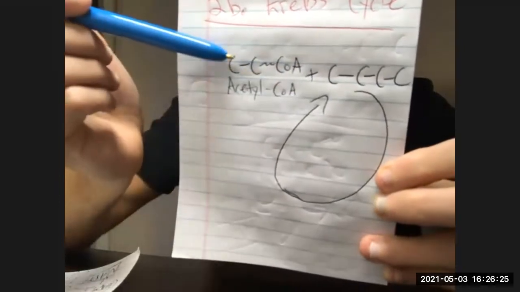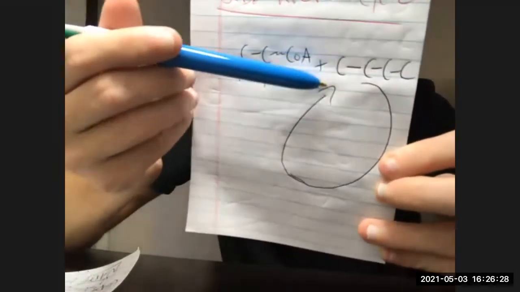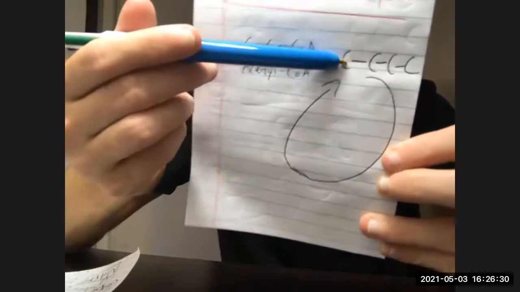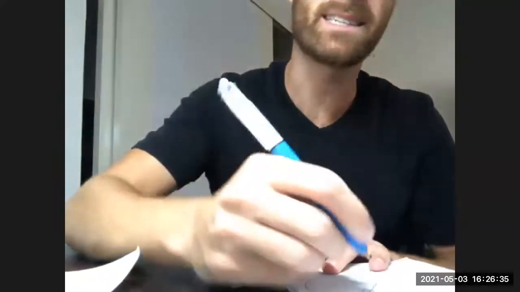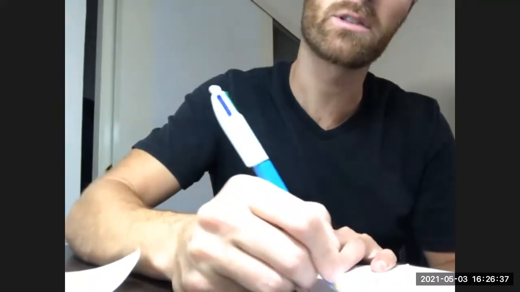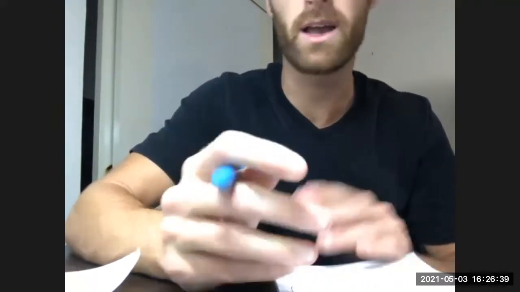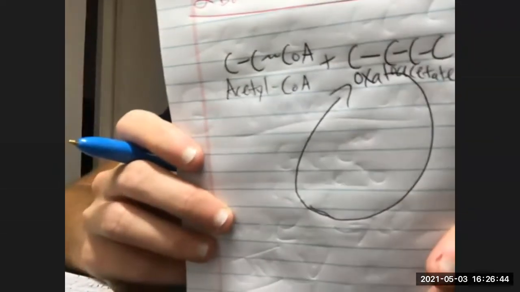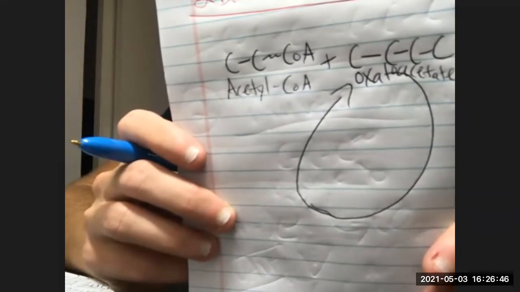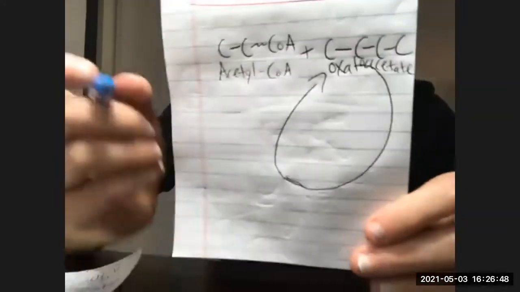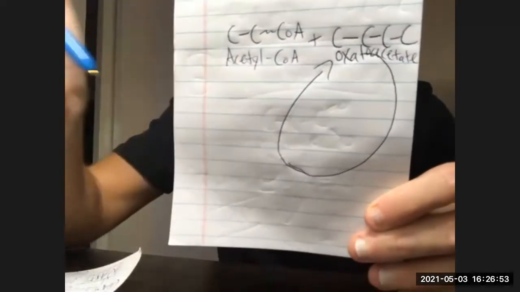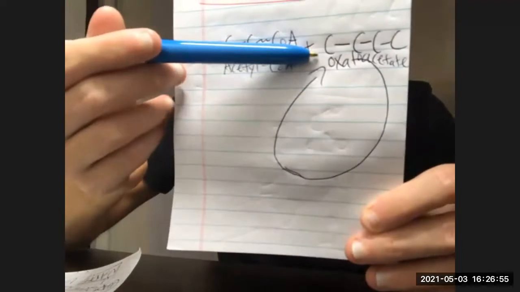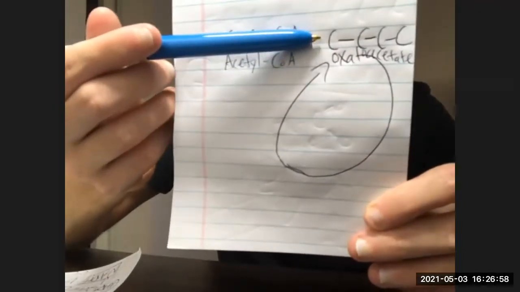Okay, so acetyl-CoA joins into the cycle by attaching to this 4-carbon molecule. And it's called oxaloacetate. It's the very first substrate or molecule of the Krebs cycle. And so that's really the first step of the Krebs cycle, is acetyl-CoA from pyruvate oxidation linking up with an oxaloacetate molecule.